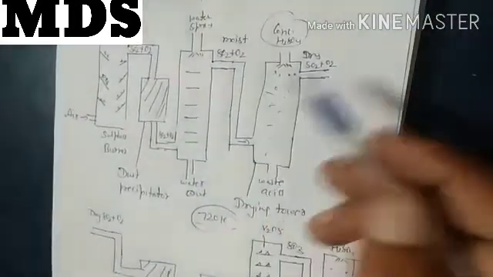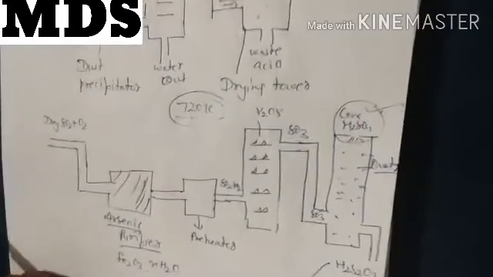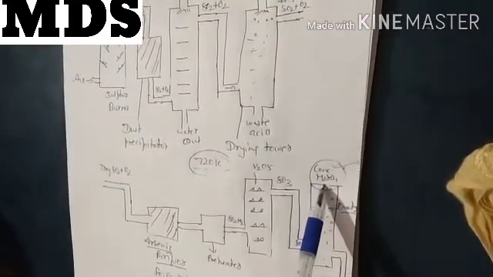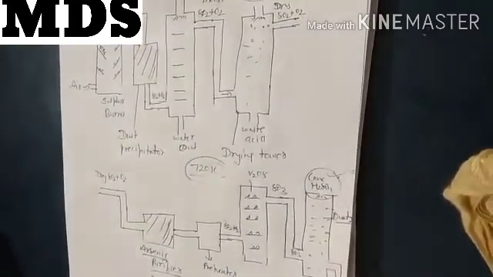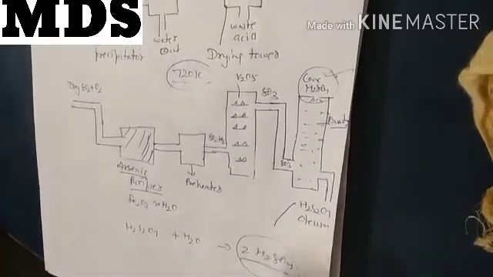You know, in the whole process concentrated H2SO4 is also used, one for the drying, one for the absorption of the sulfur trioxide to produce oleum. But in the whole process the amount of concentrated H2SO4 used is actually half of the production. The produced amount is double what we are using.